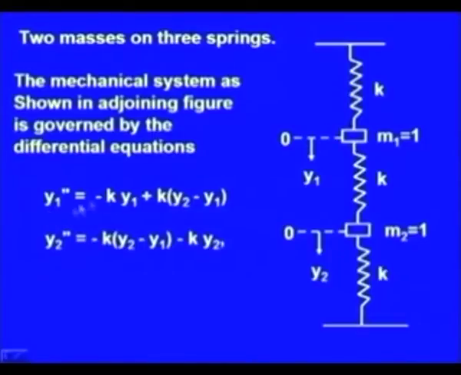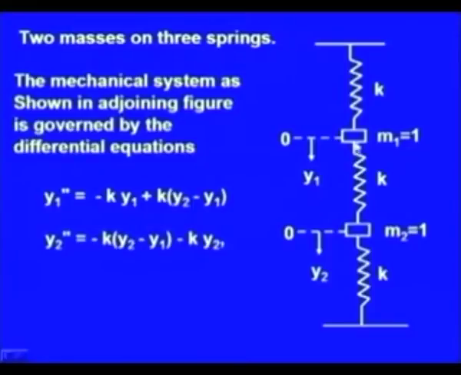For the mass m1 we have y1 double dash equal to minus k y1 plus k times y2 minus y1, where we have made use of the given value of m1, that is m1 equal to 1, and for the mass m2, which is again given to be equal to 1, we have the equation of motion as y2 double dash equal to minus k times y2 minus y1 minus k y2.